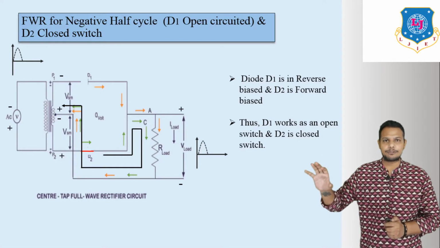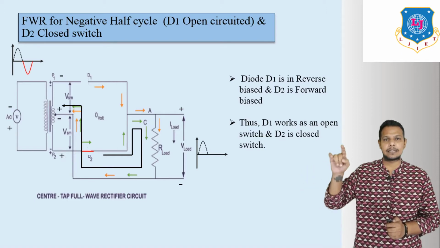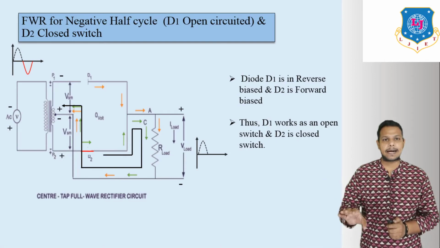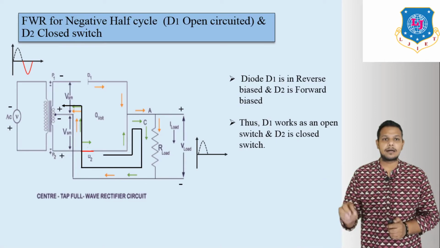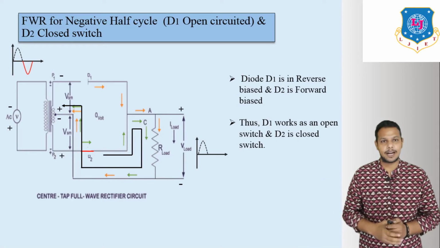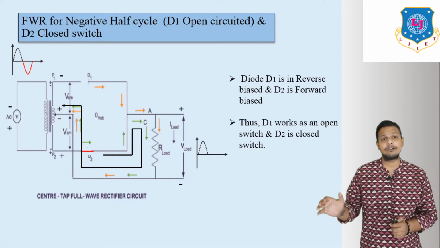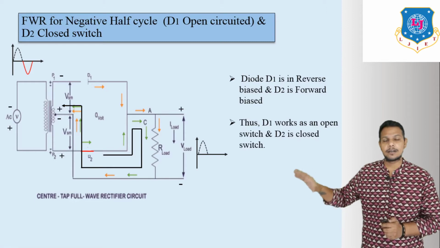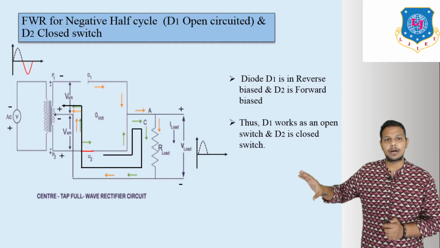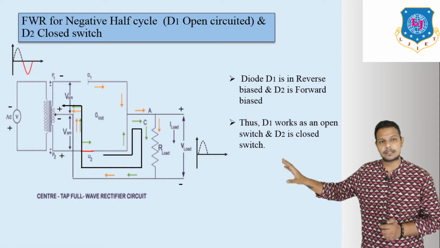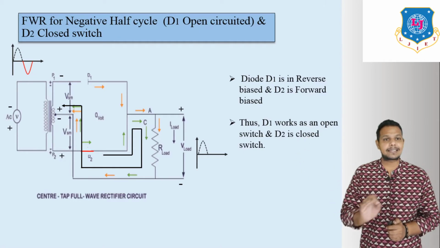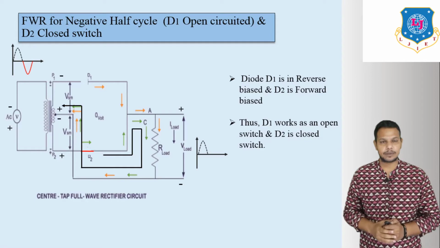So only one diode at a time is in forward bias. If we apply negative half cycle on the input side, we will get positive half cycle at the output side. Now this is the important thing: why do we get positive at the output side? Because we get output across the load resistance, so its polarity is the same as the previous one.